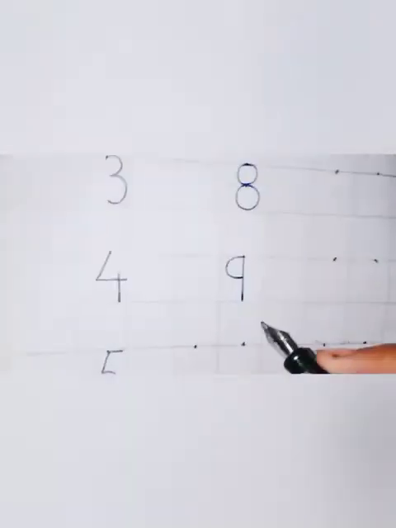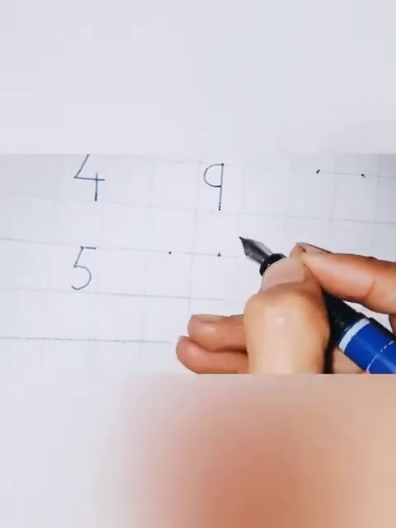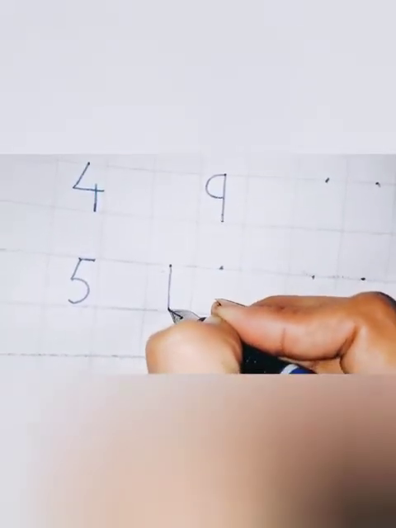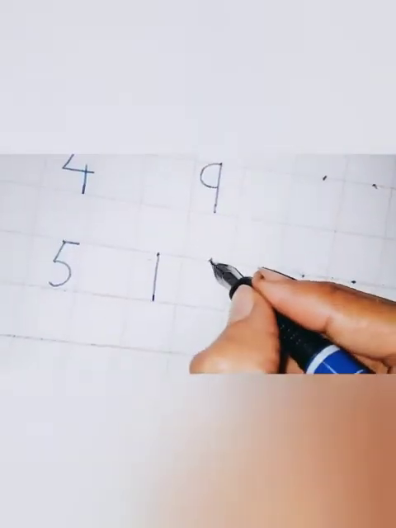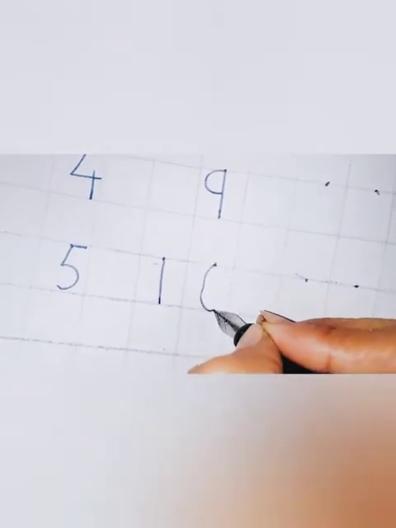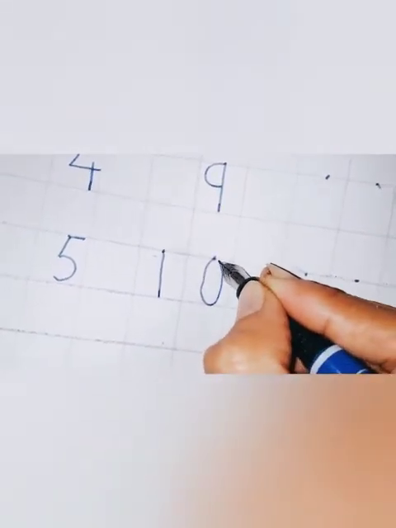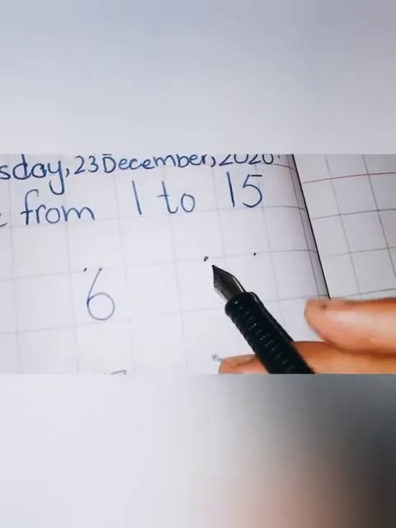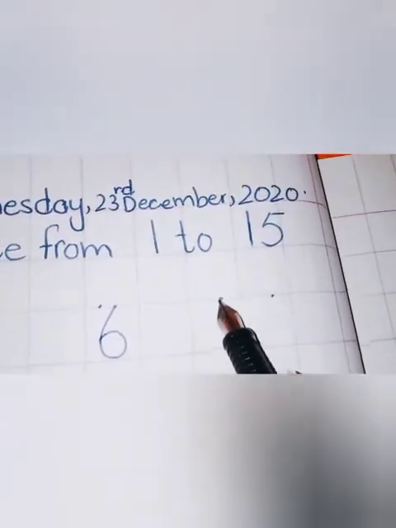It's 9 and 1 and 0, 10. 1 is like a straight line and 0 is like a circle, full big circle. Yes, it's number 10.